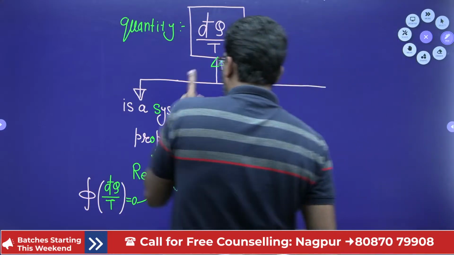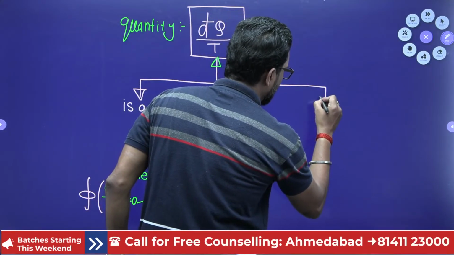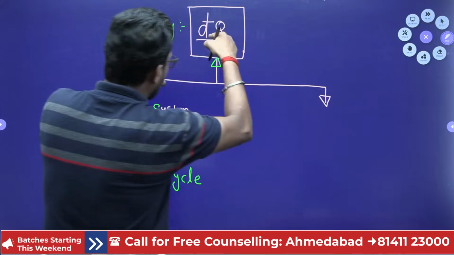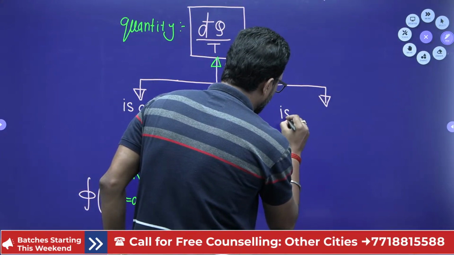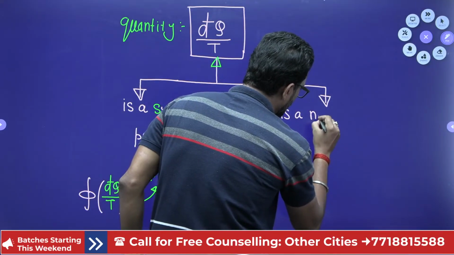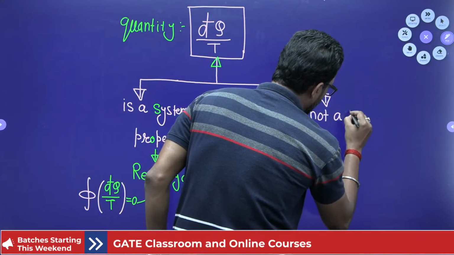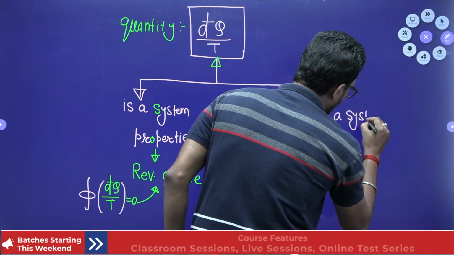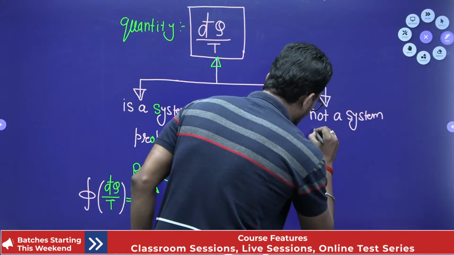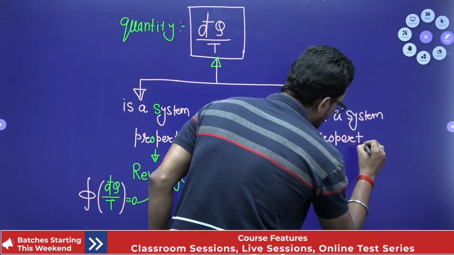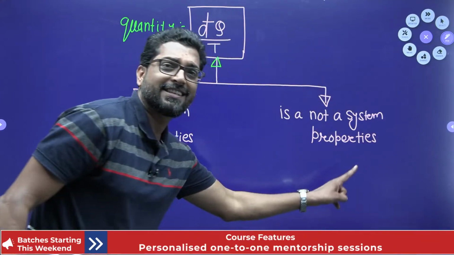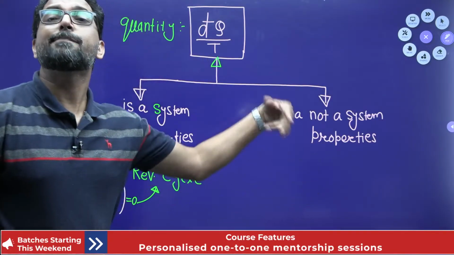But if this quantity is not a system property, that means it is a path function.